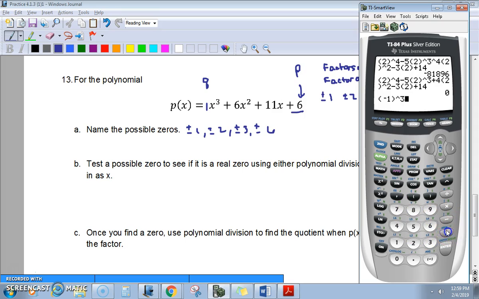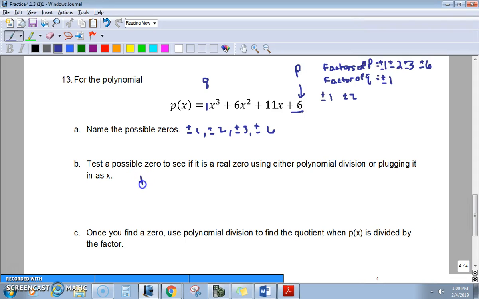Plus 6 times negative 1 parenthesis squared plus 11 times negative 1. And it's really important that that negative is inside the parentheses for the calculator, plus 6. So, boom, it's almost like I knew it. Negative 1 is a real zero.